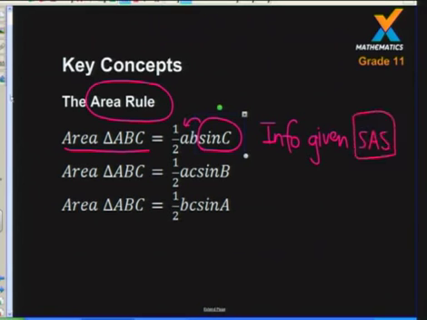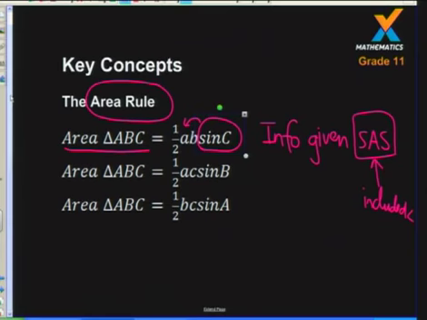So we need to have two sides, but we need to have the included angle in order to work out the area. So without that information, we also can't work out the area. It must be given as the included angle with two sides.